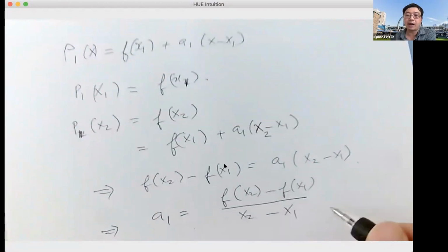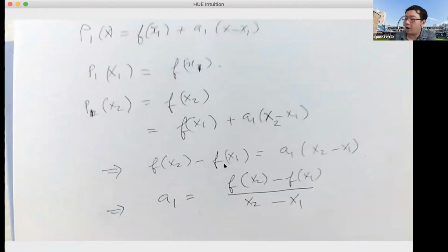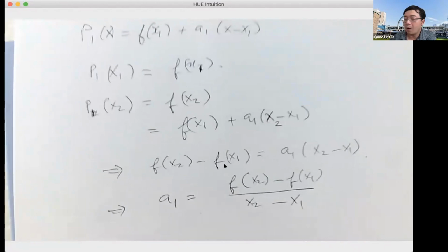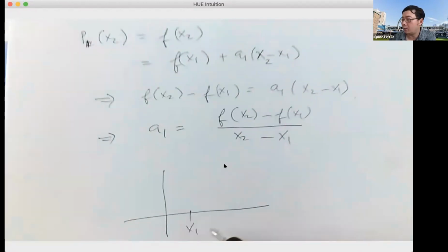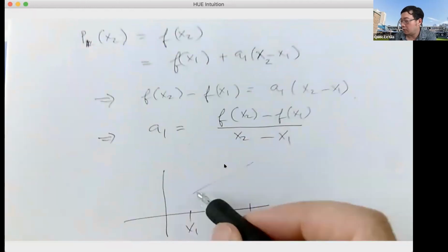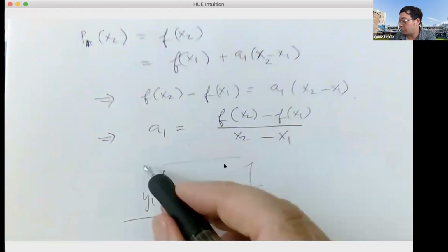So that is how you get the constant. So you are very close, but if you look a bit further, this is the slope of the line. If you plot it, this is x1, this is x2, and this one is y1, this one is y2.